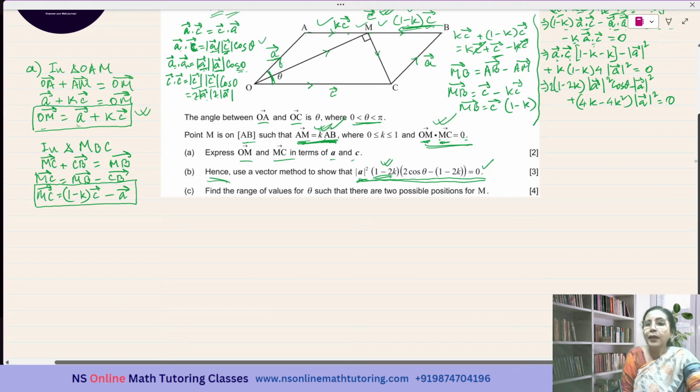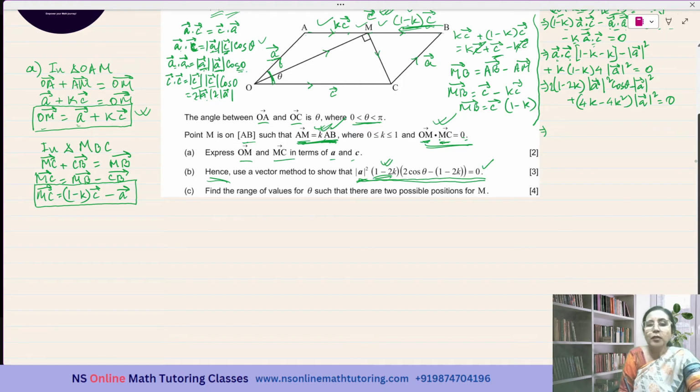So now I can take out the magnitude of the A vector whole square because I need this. Over here, we are having this. So I am taking out the magnitude of the A vector whole square because it is present in all the three terms. And I also need the 1 minus 2k, but right now I am not having it. So I can take this from the first term, it is 2 times 1 minus 2k, because I have this 1 minus 2k, so I am not multiplying this.